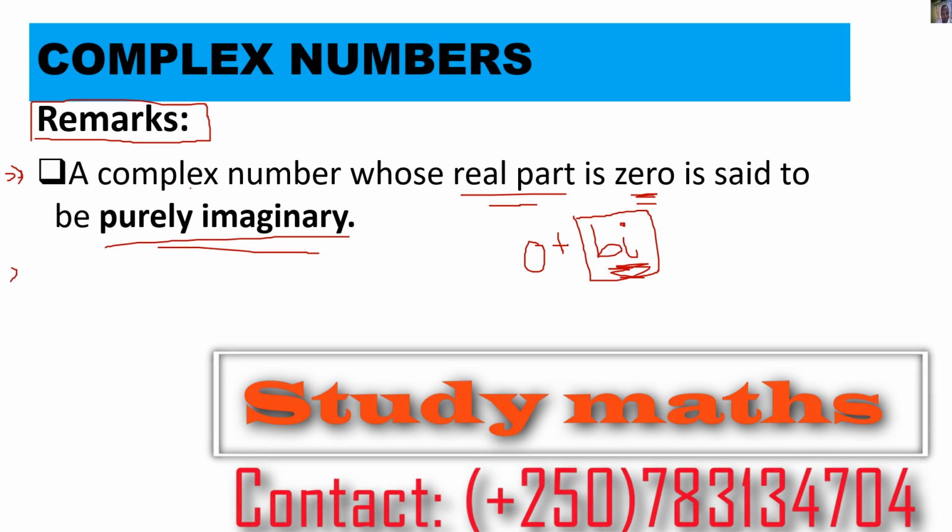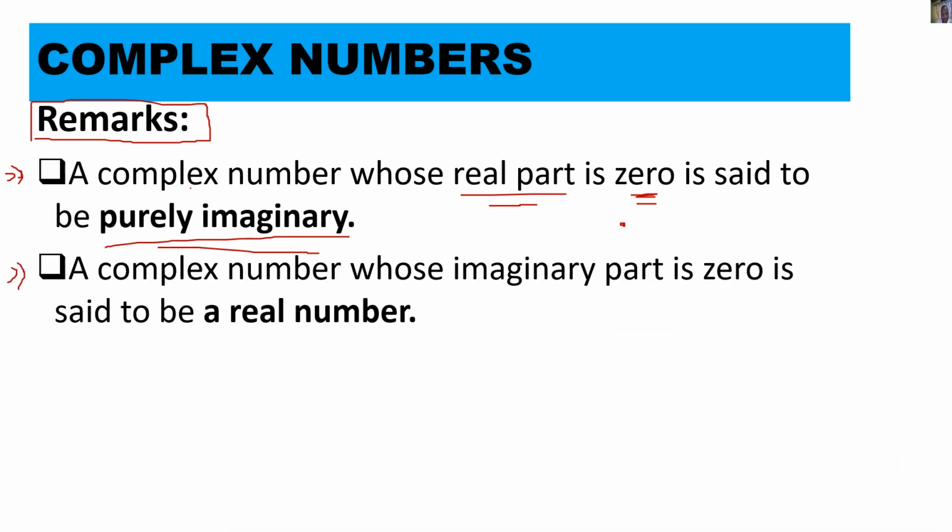Let's see the next. A complex number whose imaginary part is 0 is said to be a real number. We have the complex number a plus bi. Now, if the imaginary part is 0, it means that b is 0. If b is 0, this number will be a plus 0.